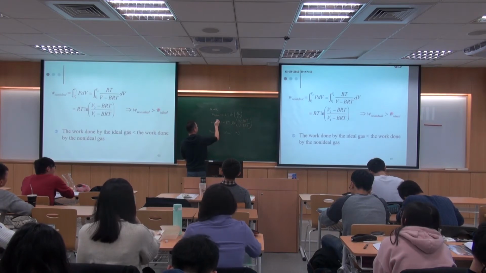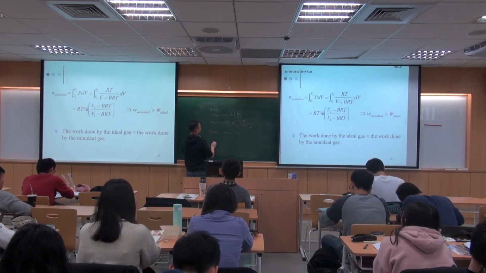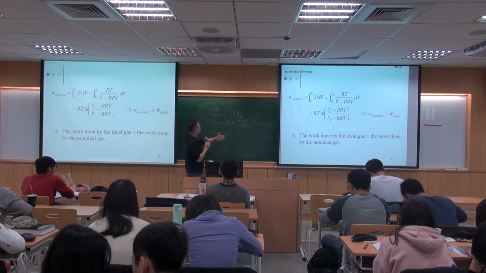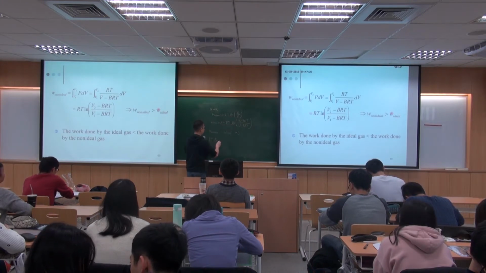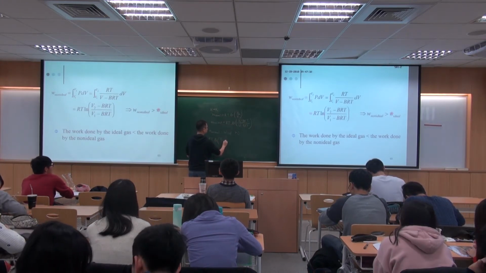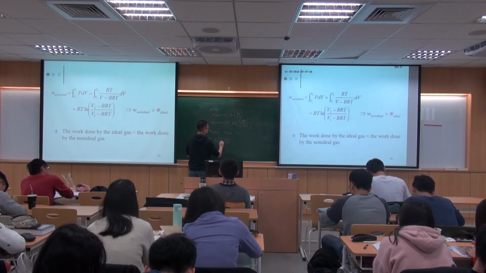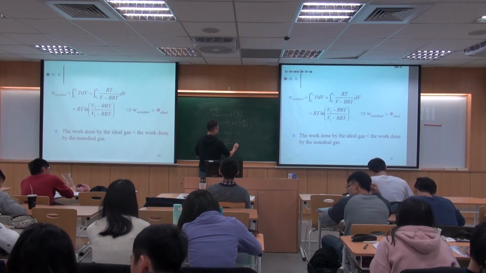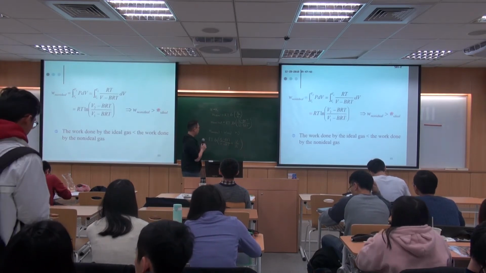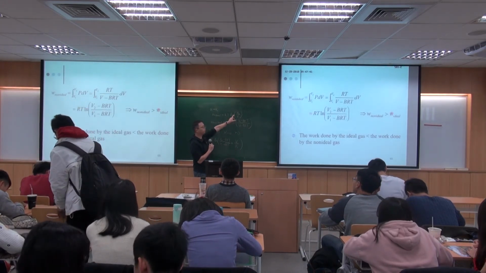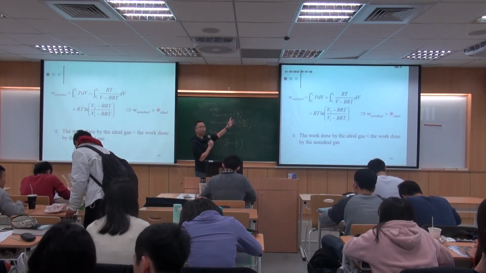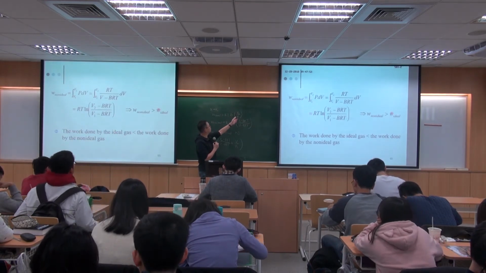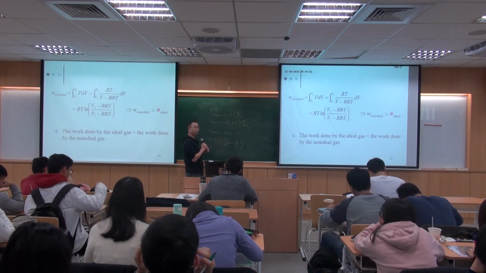And if you do the subtraction, this term minus this term will be this times the inverse of this one, right? Because if you put a minus sign here, this is simply by replacing V2 and V1. So this is what you get.